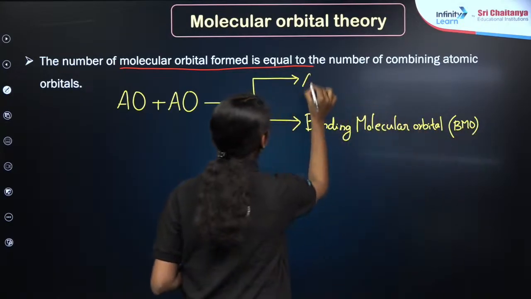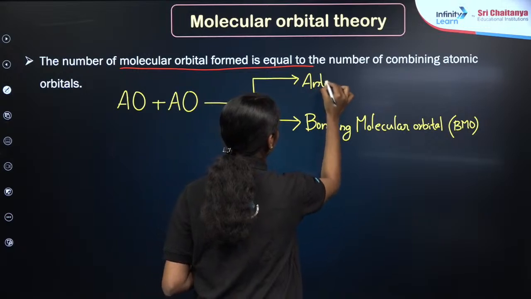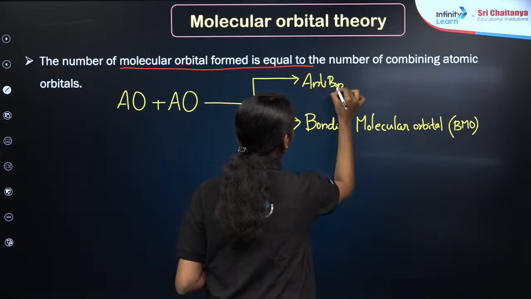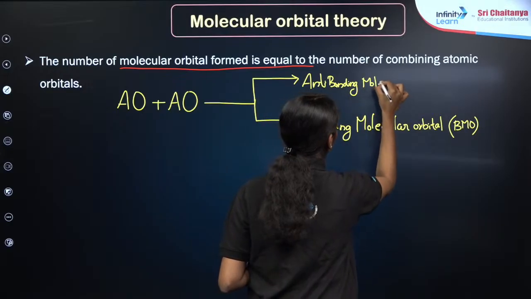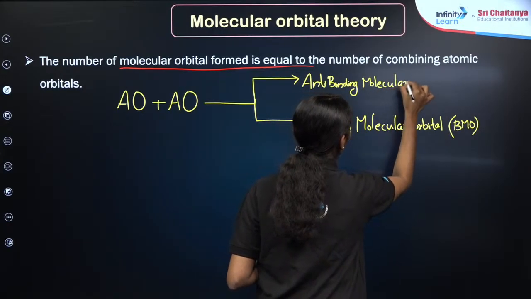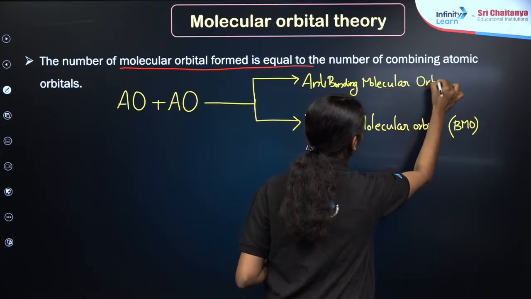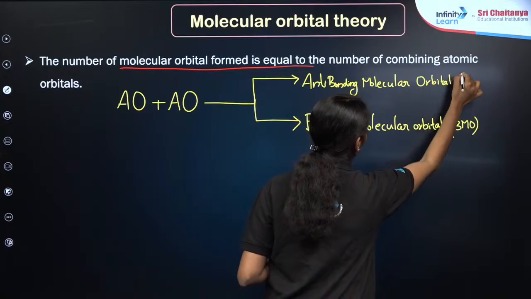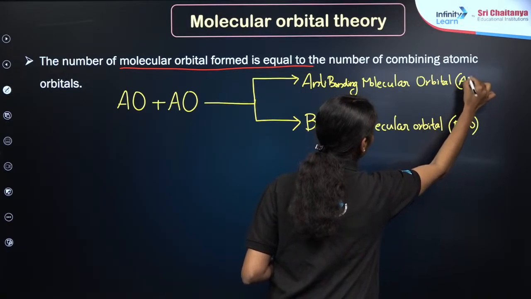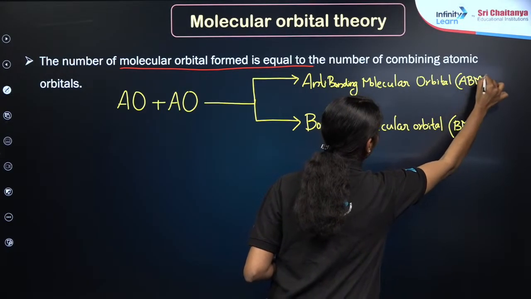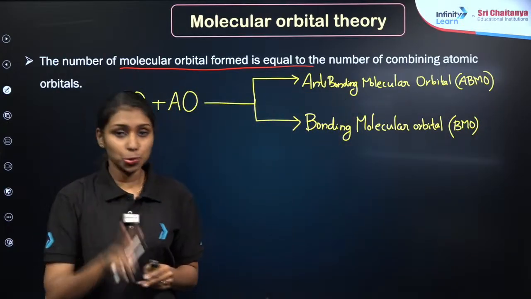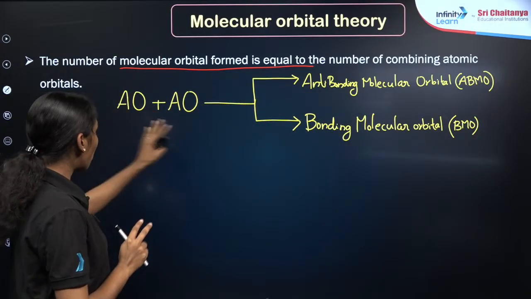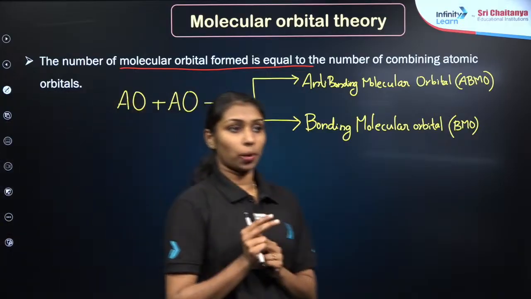The next one is the anti-bonding molecular orbital. These are the two types of molecular orbitals formed by the combination of two atomic orbitals.